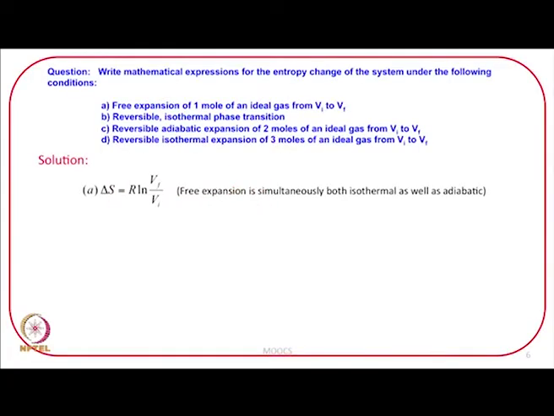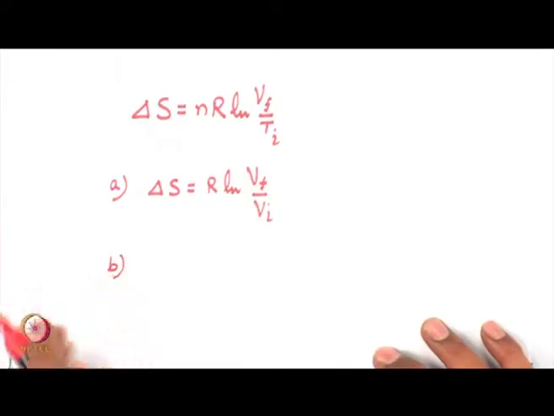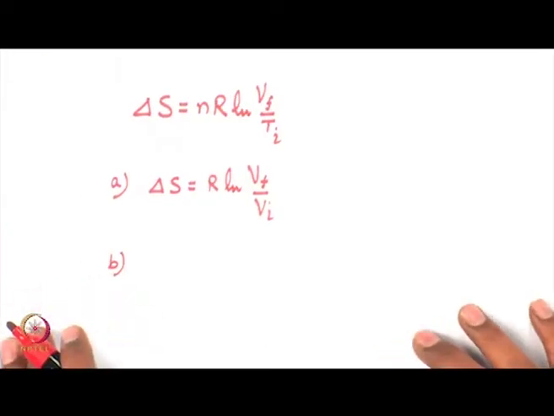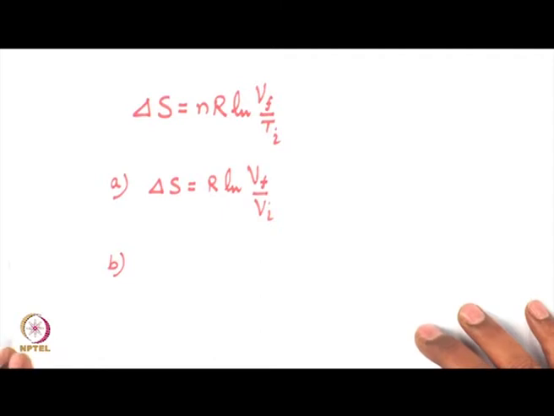Now, let us take a look at B, reversible isothermal phase transition. Whenever the process is a phase transition, it has to be reversible.